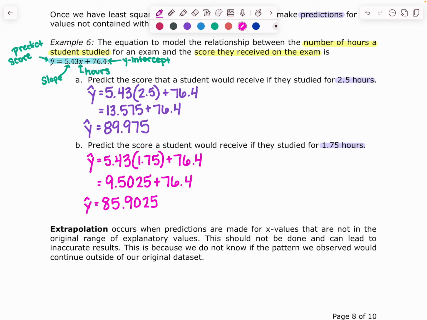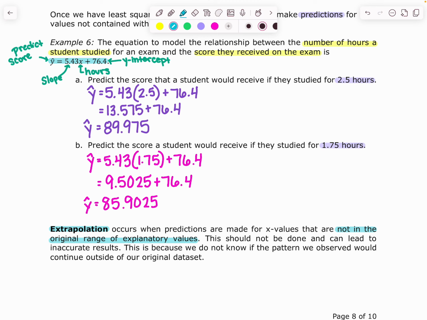So a quick word of caution with making predictions. Extrapolation is something we want to be careful about. Extrapolation occurs when we start making predictions for x values that are not in the original range of explanatory values. So they're outside of the original range.